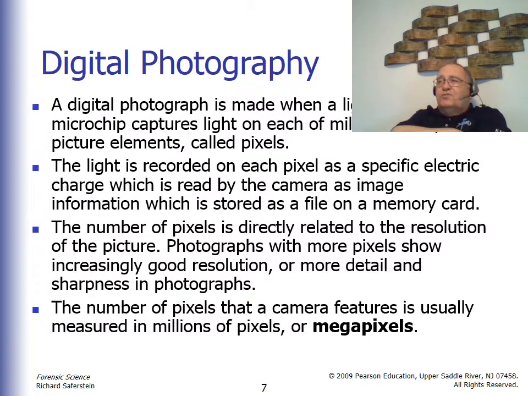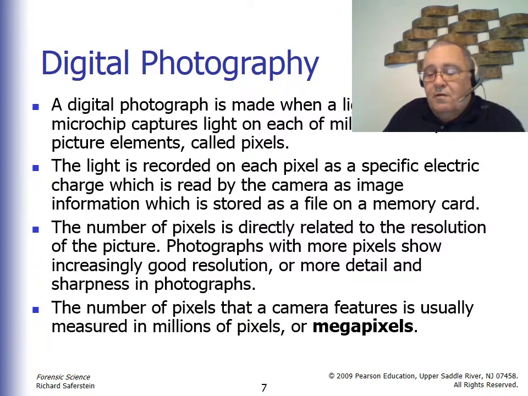Most cell phones are only 5 to 8 megapixels, whereas the quality digital cameras being used in the field are anywhere from 12 to now over 20. So that's one of the downsides of using telephones to take crime scene photos.